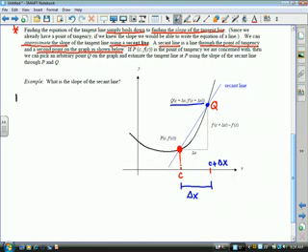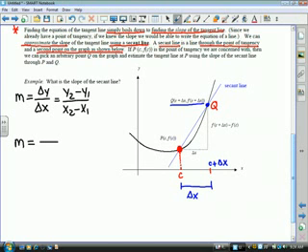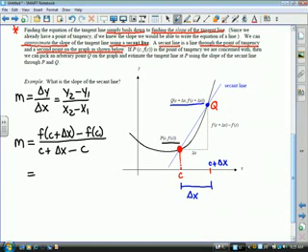So we did this Friday. If I want to do the slope, which is change in y over change in x, or back in Algebra 1, you learned this formula here. What would be my slope using those 2 points here and here? f of c plus delta x minus f of c over c plus delta x minus c.